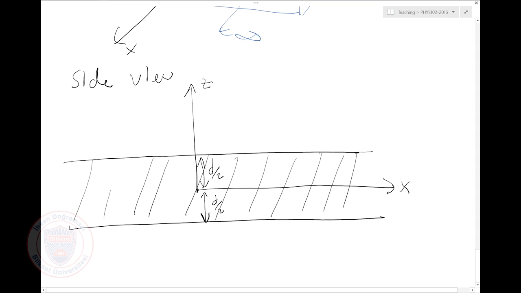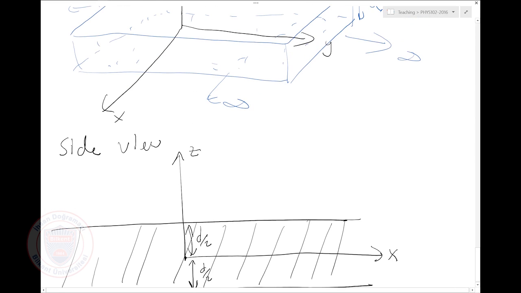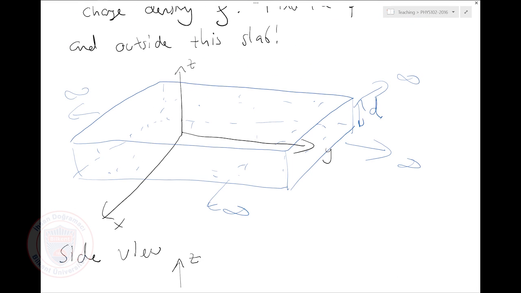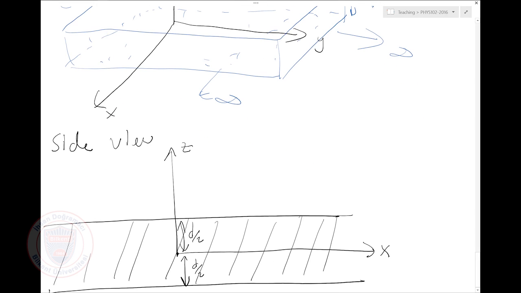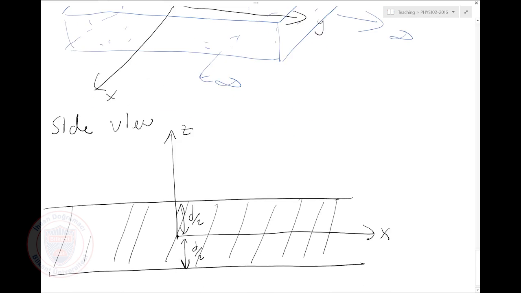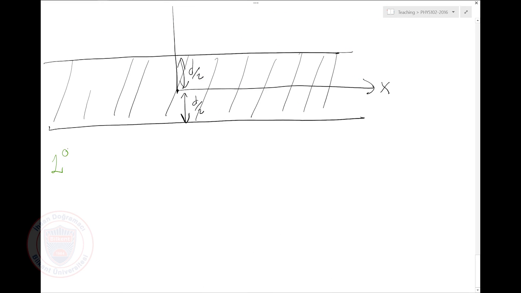Now, how do I find the electric field inside and outside this slab? This is quite symmetric. So what do I need to do? I need to define a Gauss surface. I'm going to do it in 2 steps. First, find E outside.